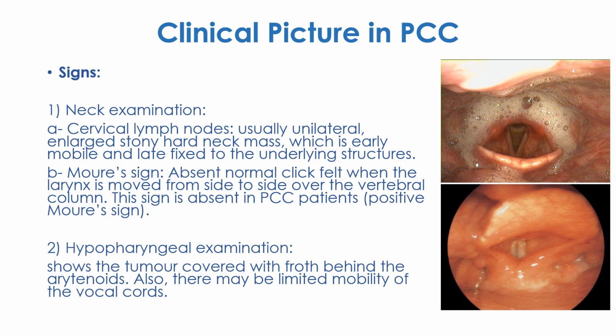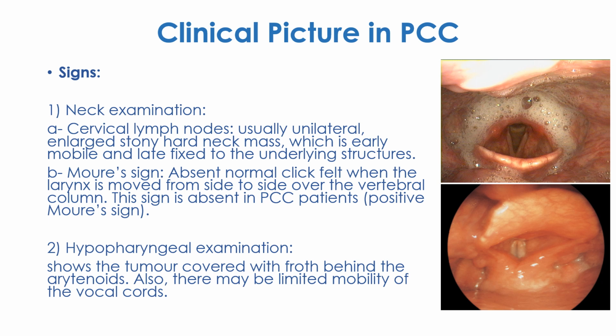So normally when we move the larynx in any normal person from one side to the other, we feel what we call a normal click. Absence of this click means a positive Moure's sign, and this sign is present in post-cricoid carcinoma.